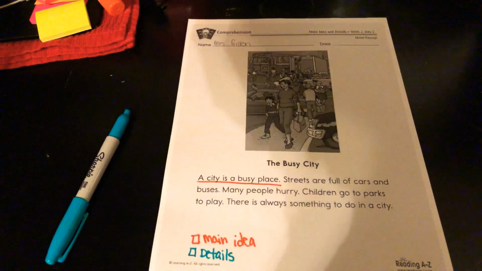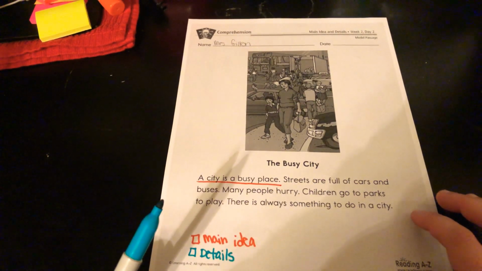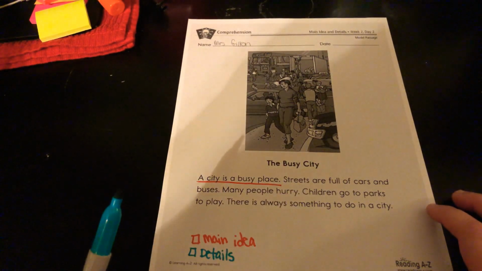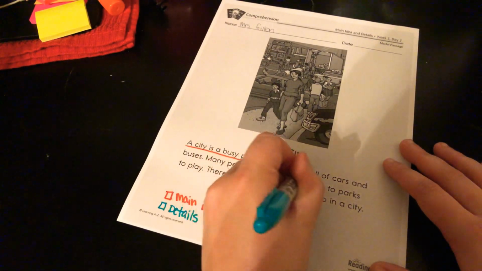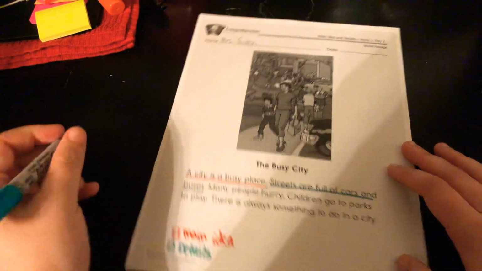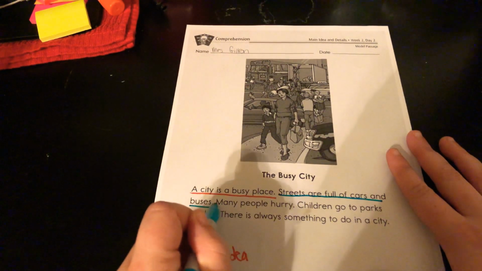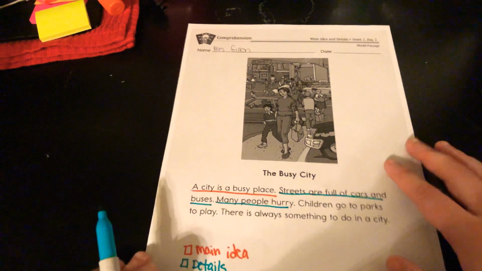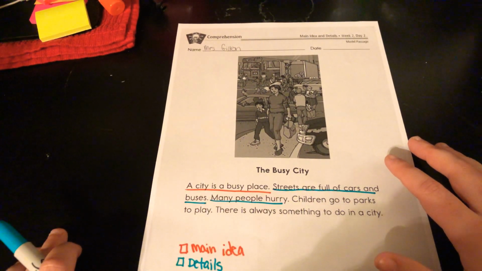Next, we're going to sort out the details. So what supports our main idea of this city is busy? Okay, so we know that the streets are full of cars and buses. Look at that picture. That makes it look very busy. Many people hurry. So in the cities, you're always usually in a rush or hurrying. You're not taking your time, looking around, and hanging out.